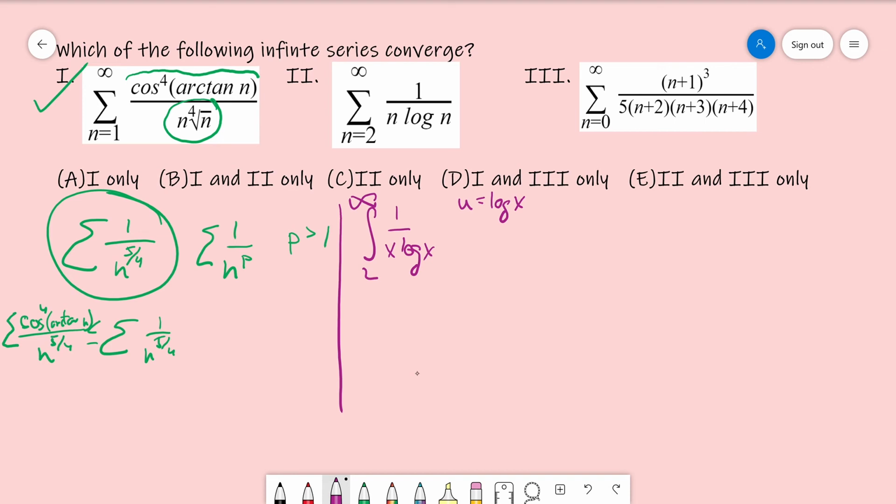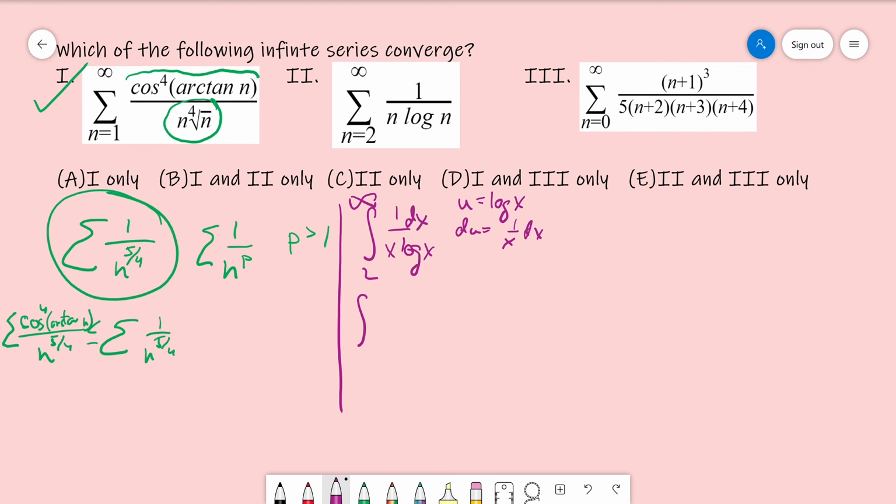which will give us du equals 1 over x dx. So if we plug that in, there's a dx here, so dx is equal to x du. So we're going to get the integral from not 2, but rather log 2, right?